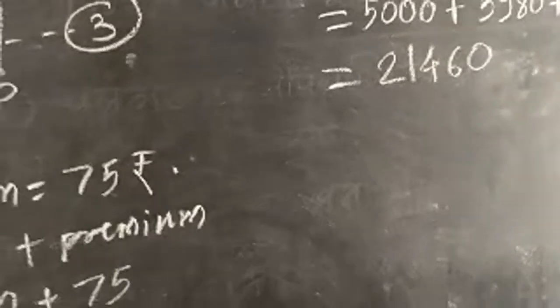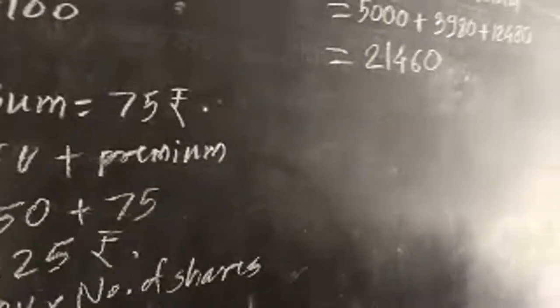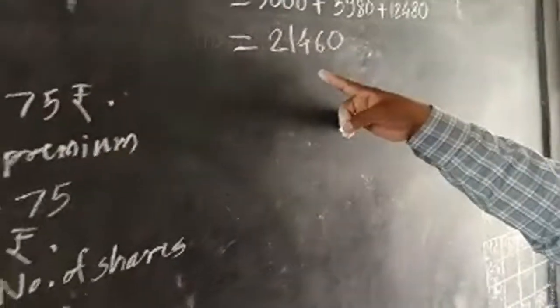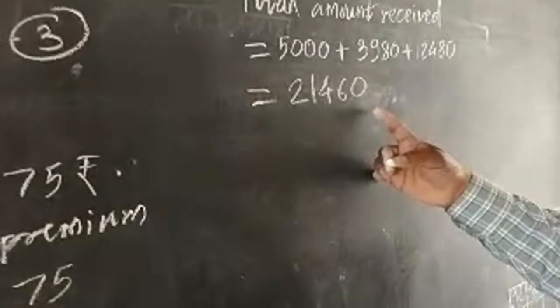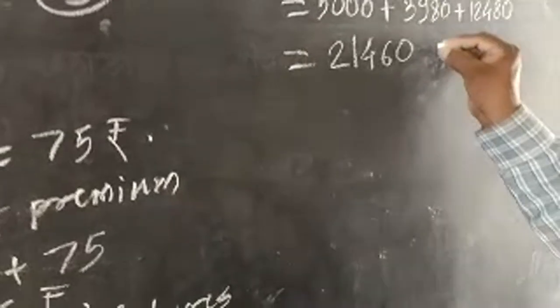Is it correct? Yes. How many students get addition 21,460? Yes, good. Many students get that answer.